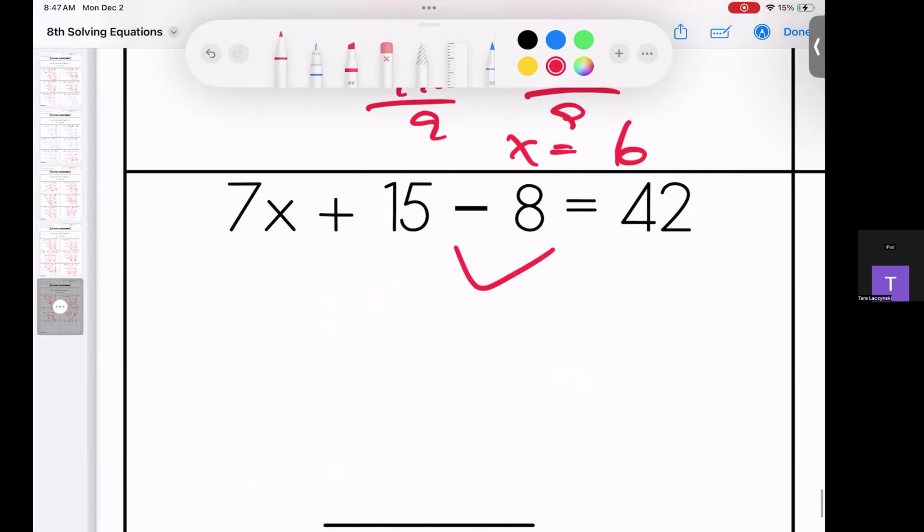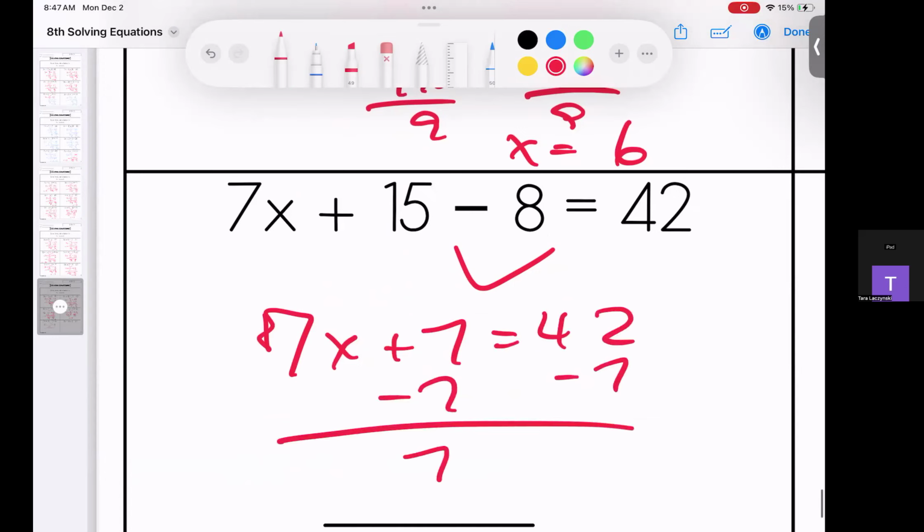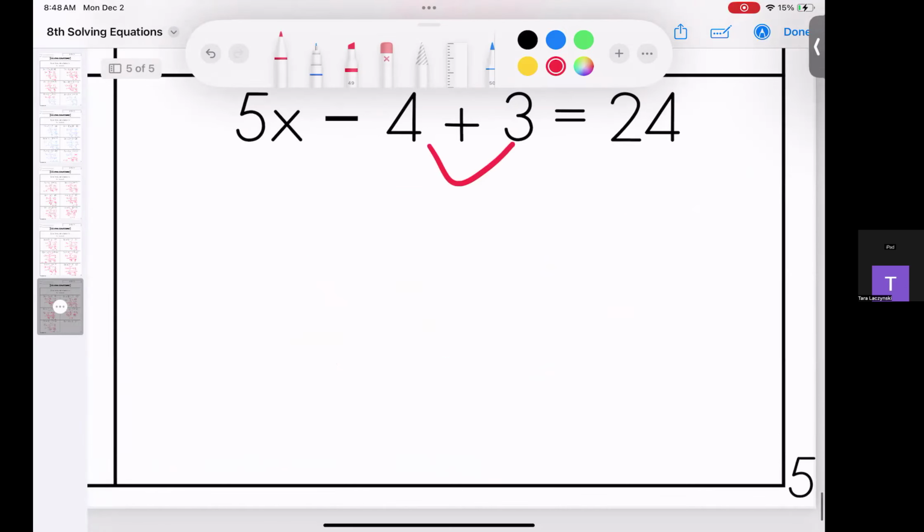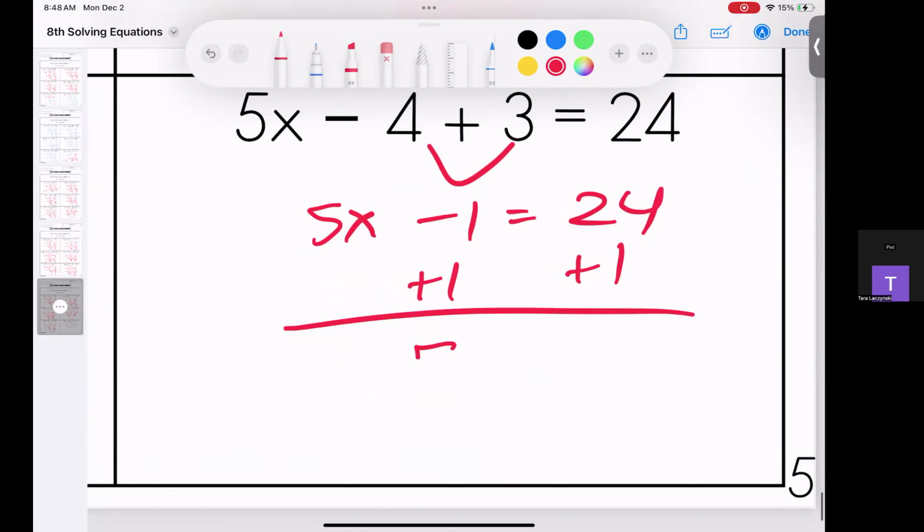Down here is going to give us a +7, which we're then going to subtract and divide. And then over here, gotta slow my brain down.